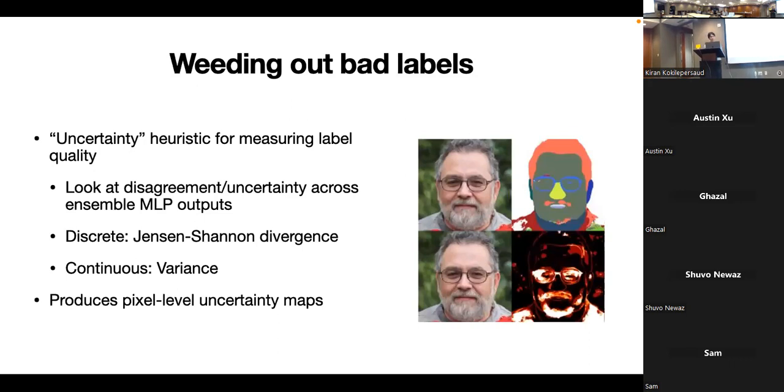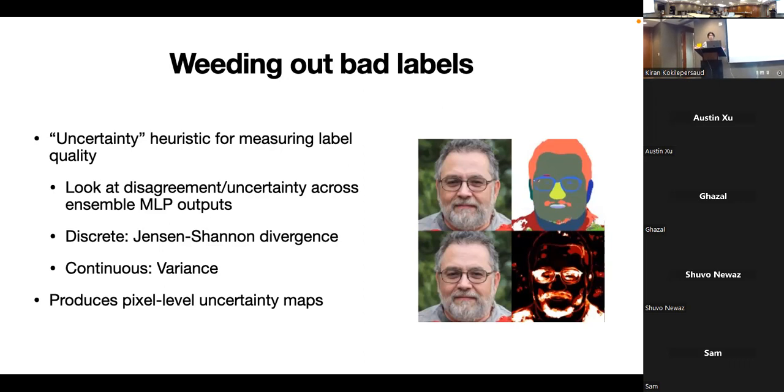And so, well, I would like to claim otherwise, but our labels aren't always perfect. Luckily, how we've designed our label generator gives us a natural way to compute a heuristic to measure the quality of the generated labels. We'll say that a label has poorer quality if there's a high amount of disagreement between all of the MLPs in our ensemble.